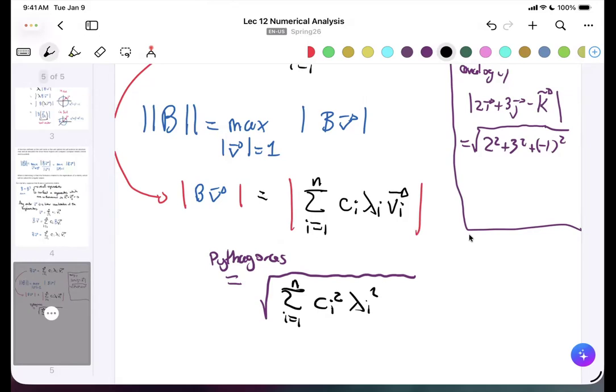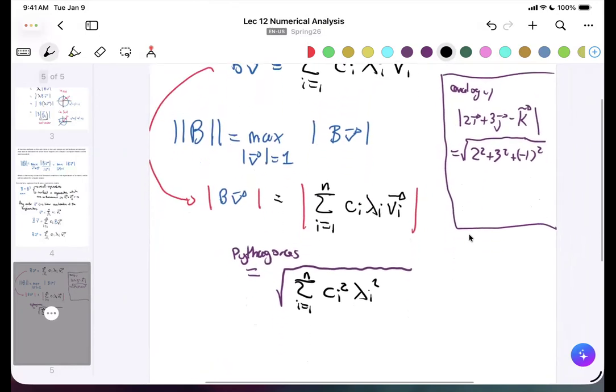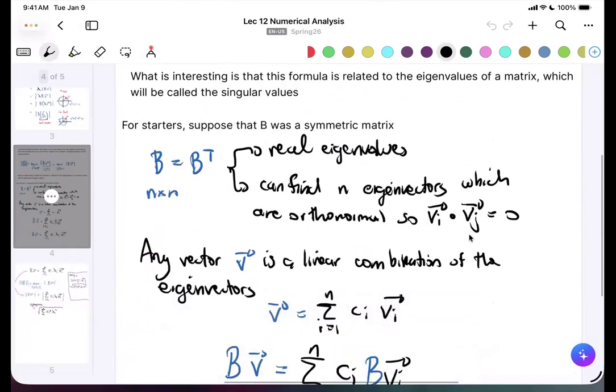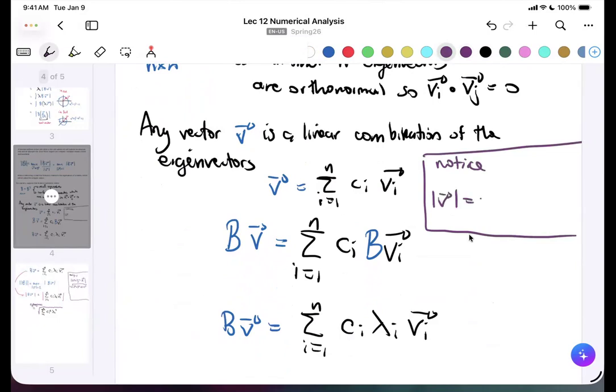Now, we can say a little bit more about this. I didn't write this before, but let me put it here, because this is also Pythagoras theorem. The length of v is just the square root of the sum of the ci squared.